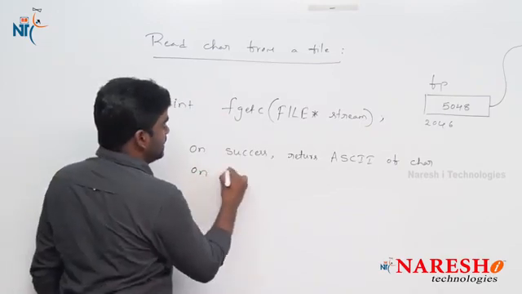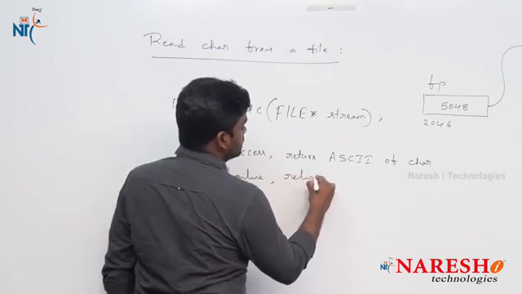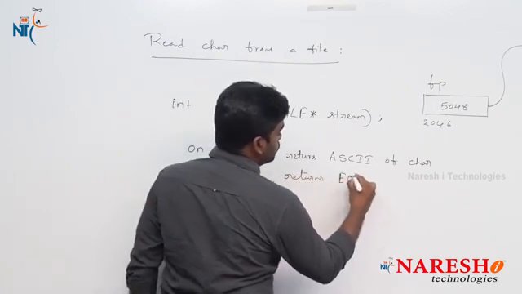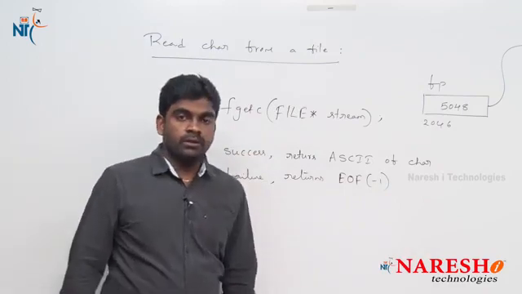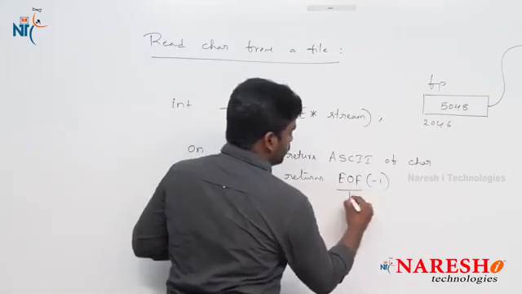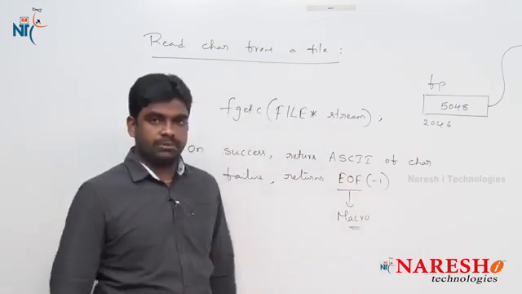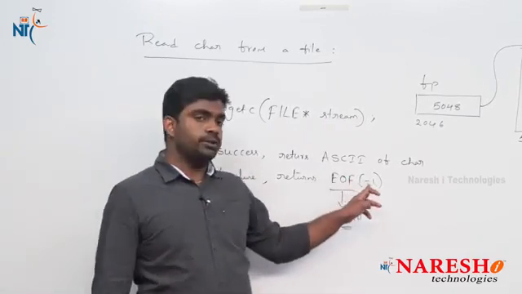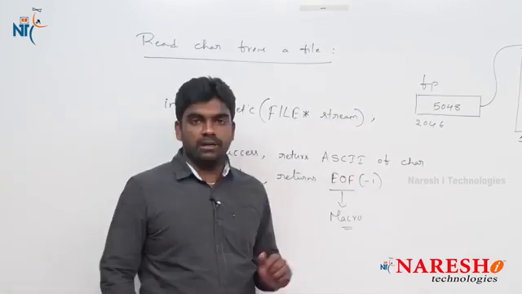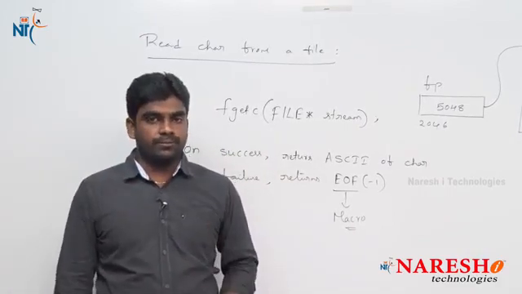For any reason, if it has failed, on failure it returns -1, that is also called EOF, end of file. EOF is a macro. A macro is nothing but a preprocessor concept, right? It's a constant value. It holds the value -1. On failure, it returns -1.